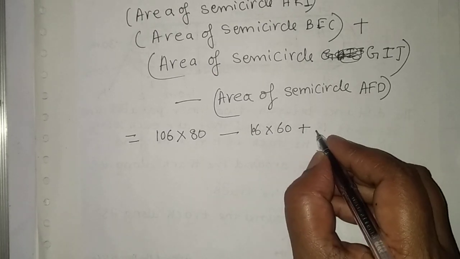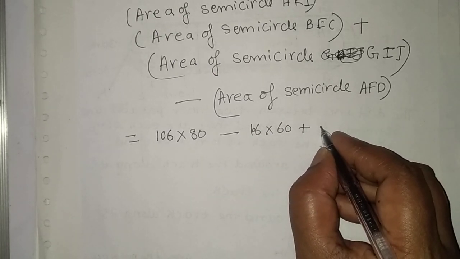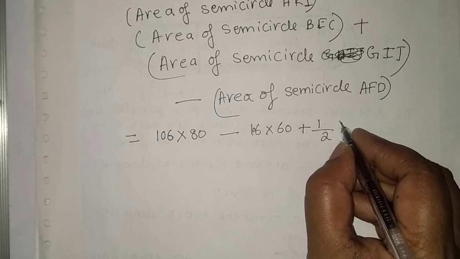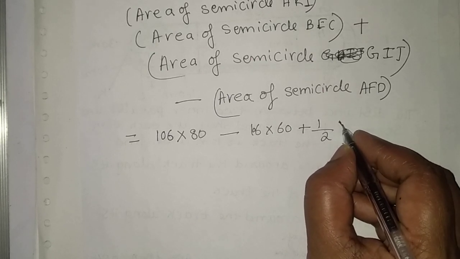Plus the semicircle, what is the formula?